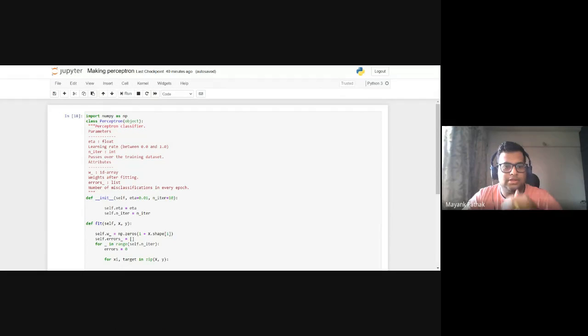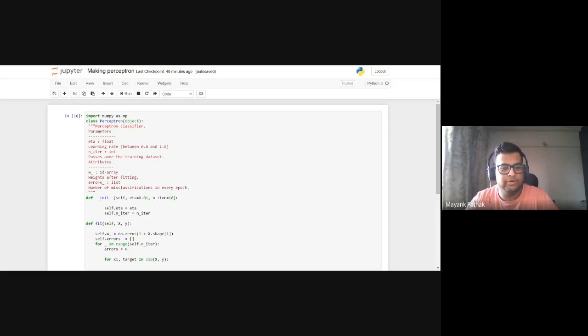So here we have created a class of perceptron. It has basic parameters, that is eta. It's a float value because it's a learning rate, and it should be between 0.0 and 1. n_iter is just the number of iterations that we have to pass.